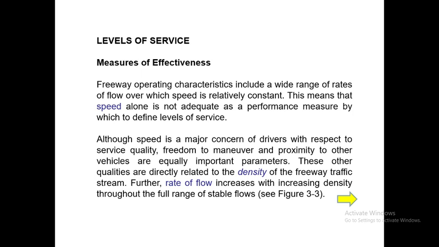Also, we discussed the different types of facility, interrupted and uninterrupted. And we also discussed the factors affecting the level of service and the traffic flow, like lane width, number of lanes, level terrain, mountainous terrain, rolling terrain, or other factors like heavy vehicle factors or even population factor.